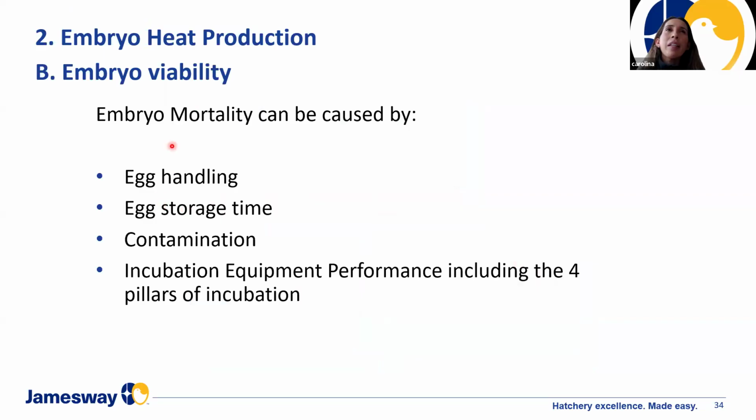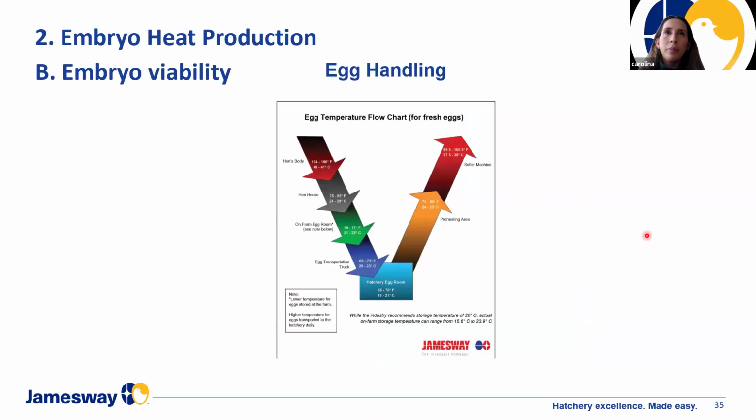So embryo viability can be influenced by egg handling, egg storage time, contamination, incubation equipment performance, including the 4 pillars of incubation. All of these may influence embryo viability. And of course, the main objective is to have the most viable eggs and the most viable embryos in a machine. Very important.